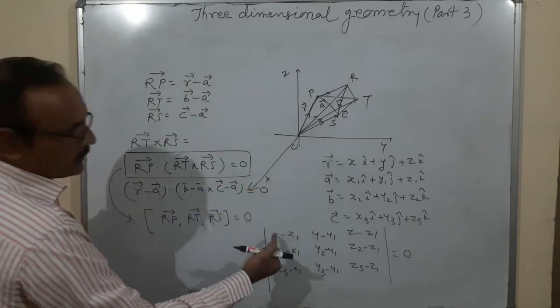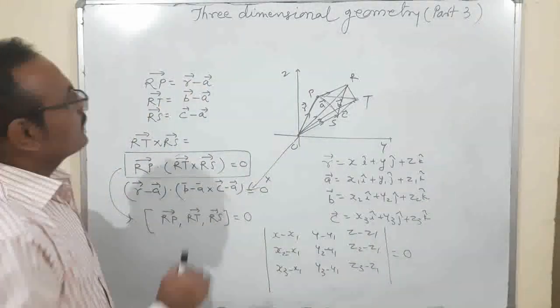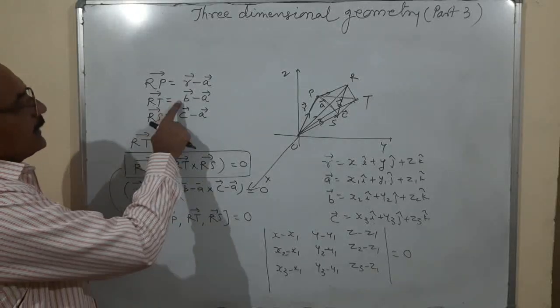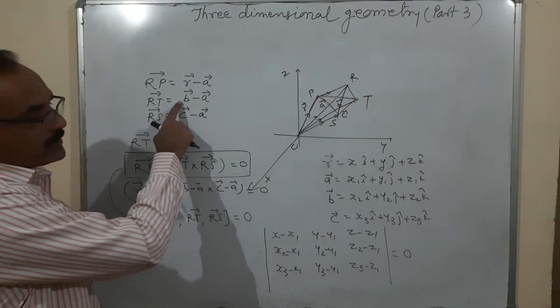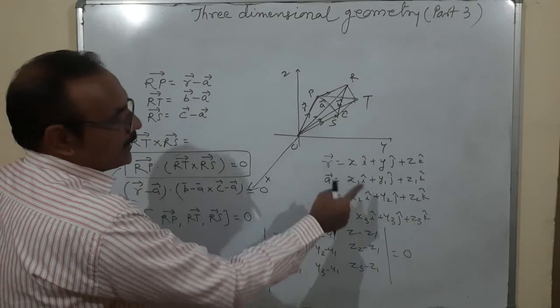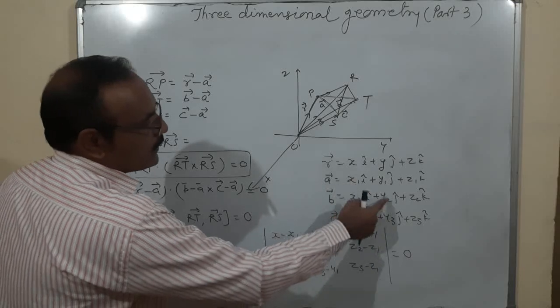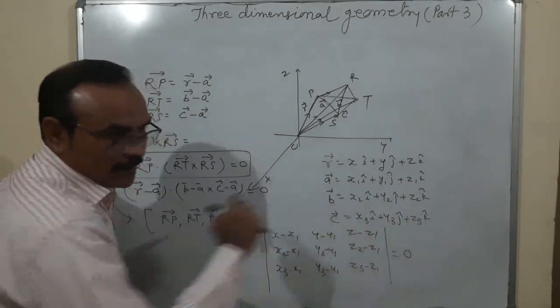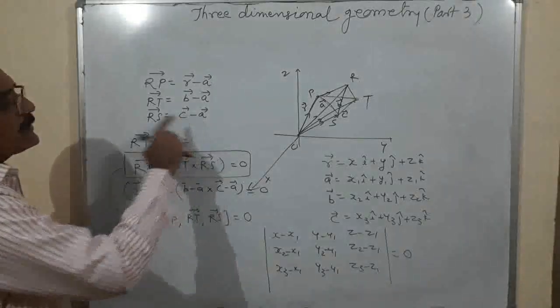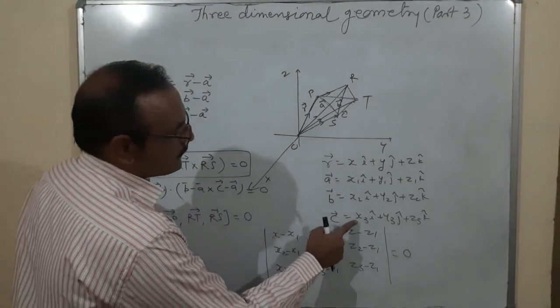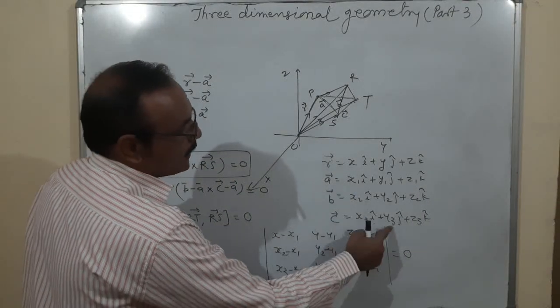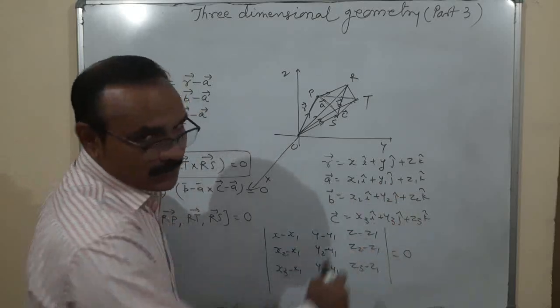So x minus x1 is the first row. Second, B minus A, when you subtract it, x2 minus x1, y2 minus y1, z2 minus z1, is the second row. And third is C minus A: x3 minus x1, y3 minus y1, z3 minus z1 is equal to 0.